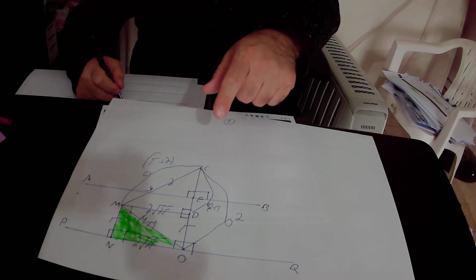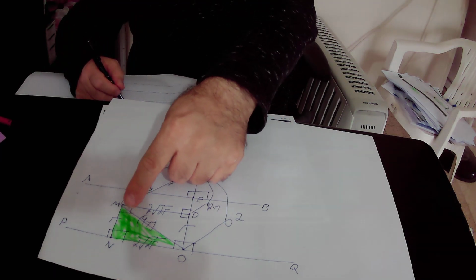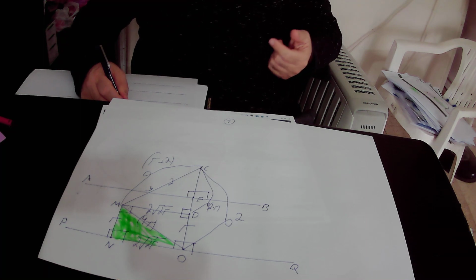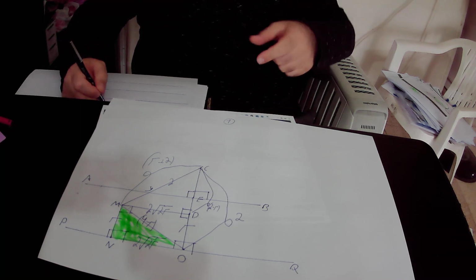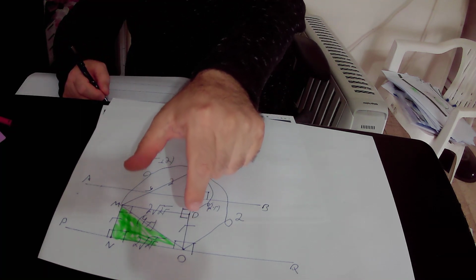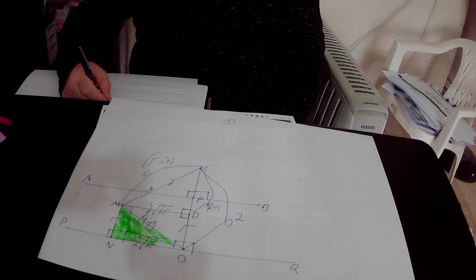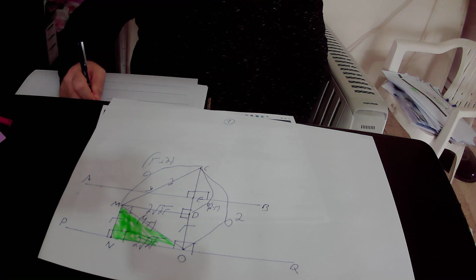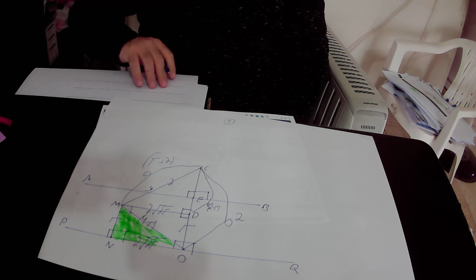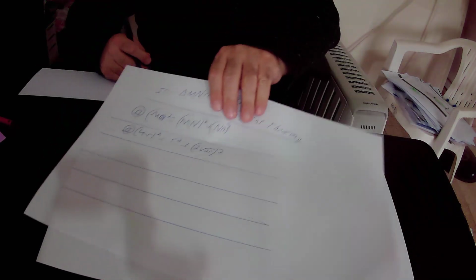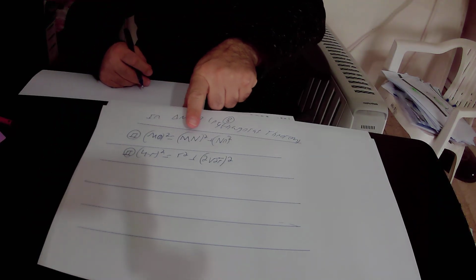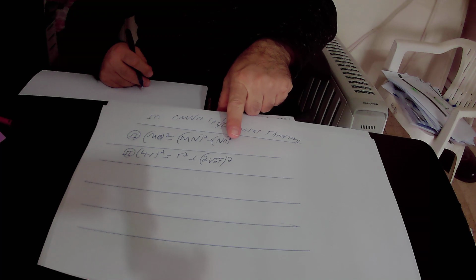And it equals MN square. MN equals R, so MN square will be equal to R square plus NO square. NO equals 2 times the square root of 2R, therefore NO square will be equal to 2 times the square root of 2R, squared. So in total we got that 4 minus R square equals R square plus 2 times the square root of 2R square.